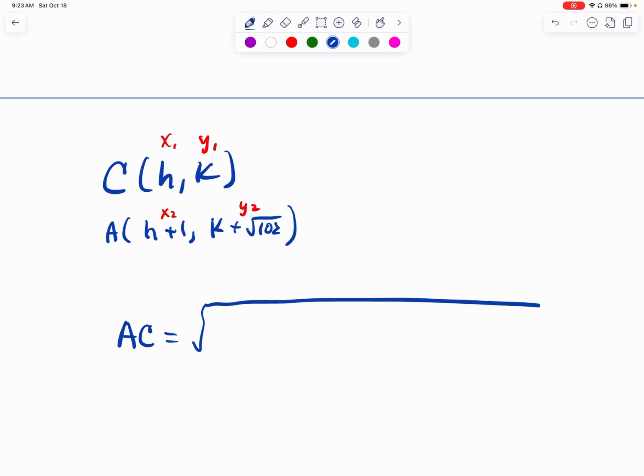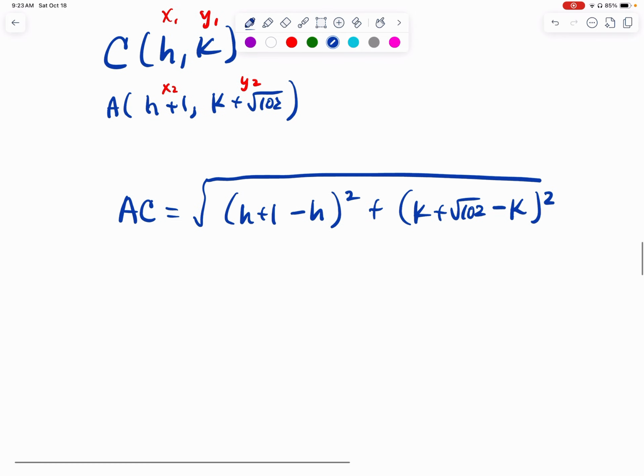It should be the square root of, I'm going to take the difference of the two x's as h plus 1 minus h. Again, this is the x sub 2 minus x sub 1 there, and then I square it, plus, and now do the exact same thing with the y values, so k plus the square root of 102 minus the k, and that gets squared.